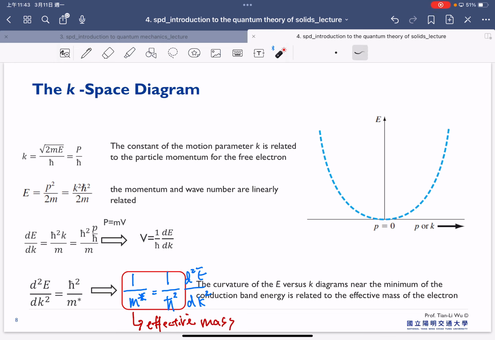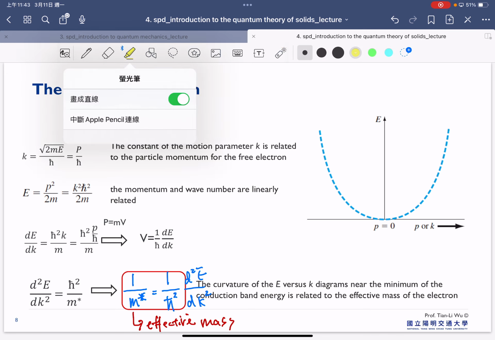So that means this is a certain mass of your carrier. It can be the mass of an electron or the mass of a hole here. So the curvature of the E versus K diagram near the minima of the conduction energy is related to the effective mass of the electron.